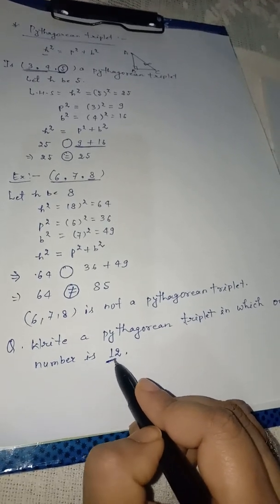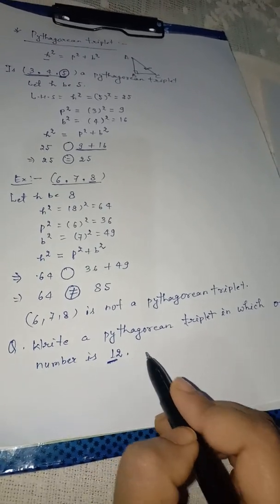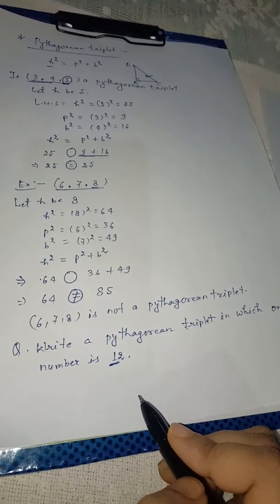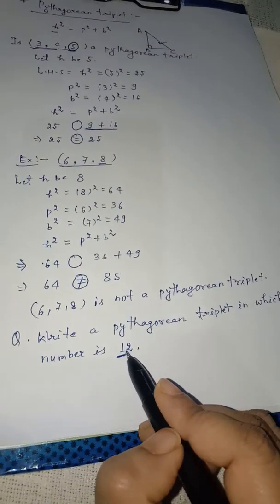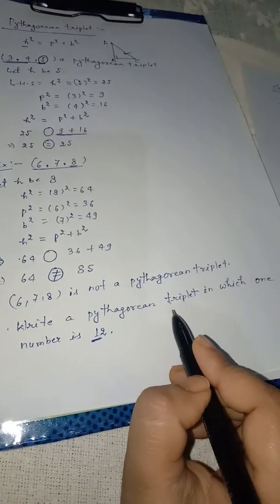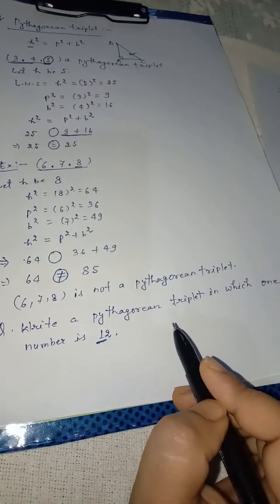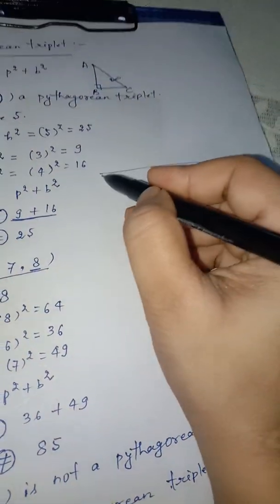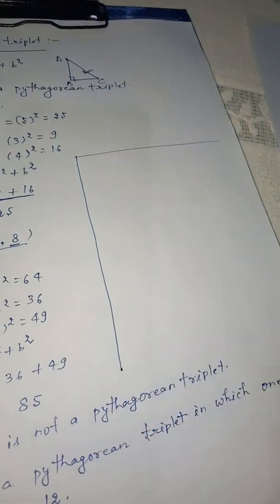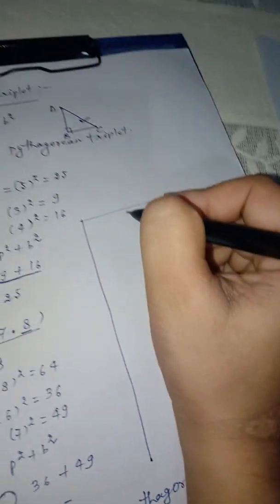This number may be at second place. 12 may be at third place also. So how can we determine a Pythagorean triplet if one number is given? And a very simple formula is also here. Now let's see.